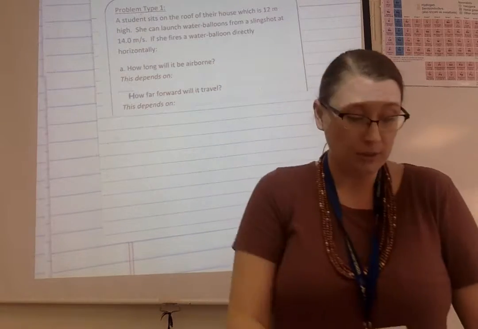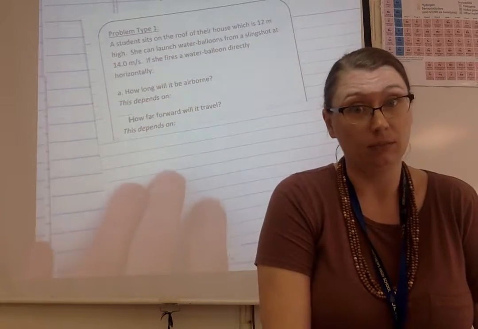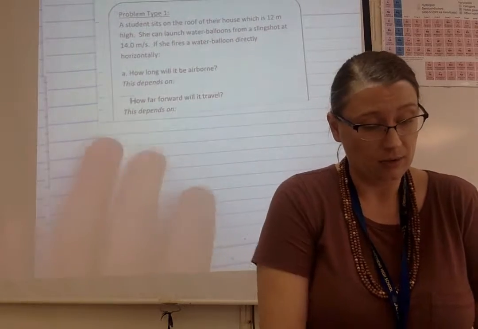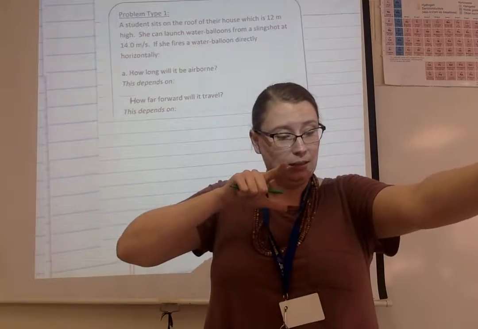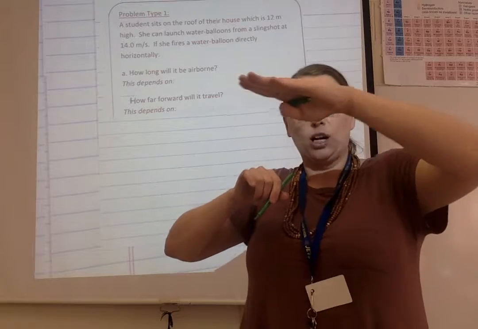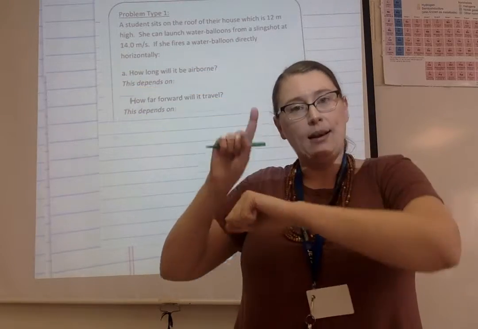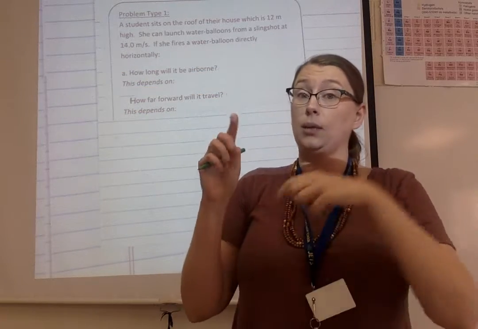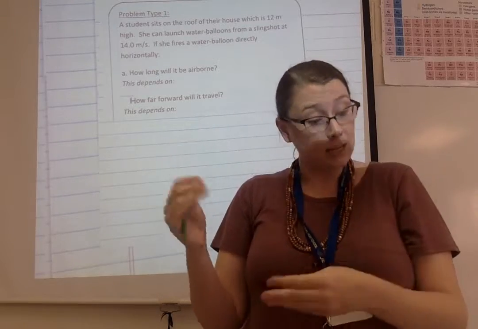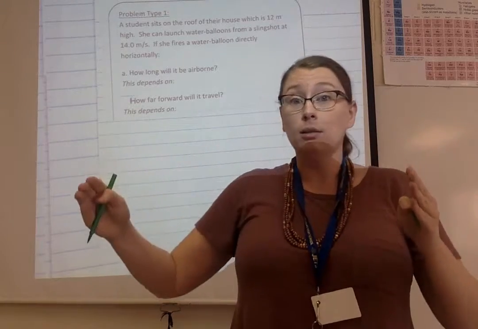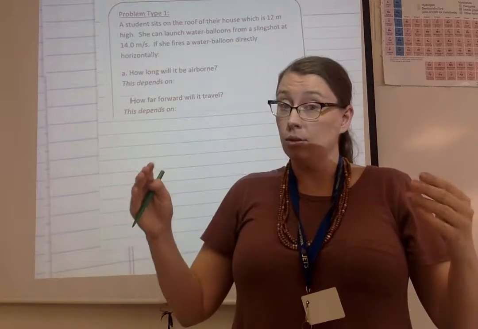She's launching water balloons. I don't know why. And from a slingshot at 14 meters per second. And if she fires a water balloon directly horizontally, how long will it be airborne? That means how long will it be in the air before it hits the ground? And how far, what distance will it travel?